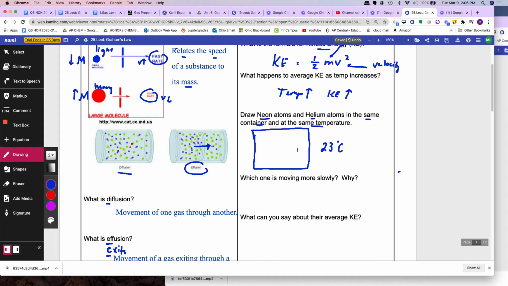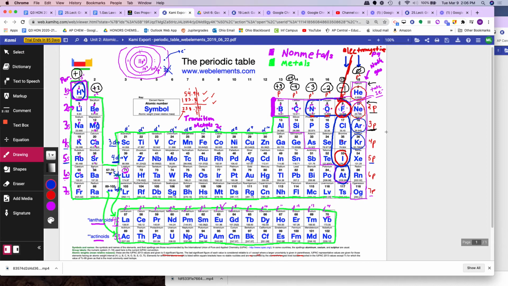Neon is huge, really heavy, and helium is very light, small. And if you don't remember, look at the periodic table. Neon weighs 20 grams per mole, helium weighs 4. So it's very light, not very dense. That's why they put it in balloons, right?